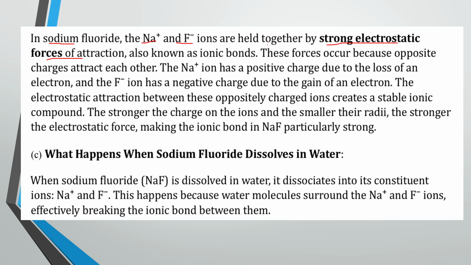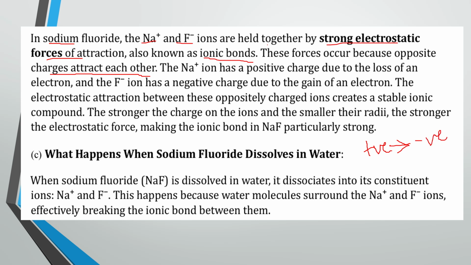And the bond that is going to be formed between them is going to be called the ionic bond. So these forces can occur because they are holding ions of opposite charges that attract each other. They are strong because if you look at the laws of charges, they tell you that unlike charges attract, whereas like charges repel.